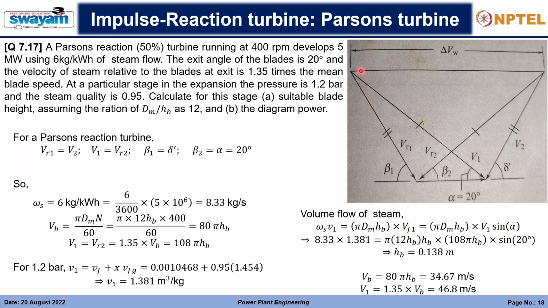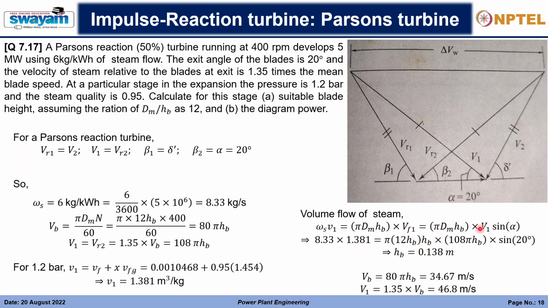Vf1 is the flow component, the component of the steam that is flowing inside the turbine blades. And what is this? Pi dm into hb. That is the area, and area into velocity will give us the volume flow rate. Accordingly we calculate the hb.